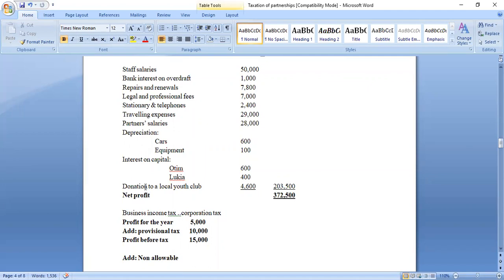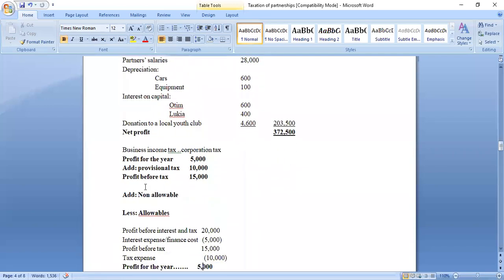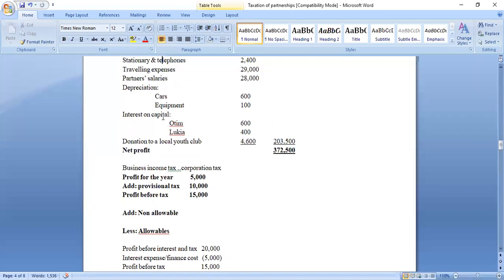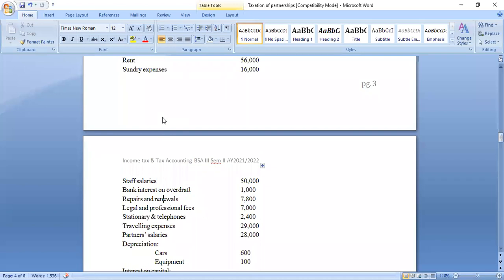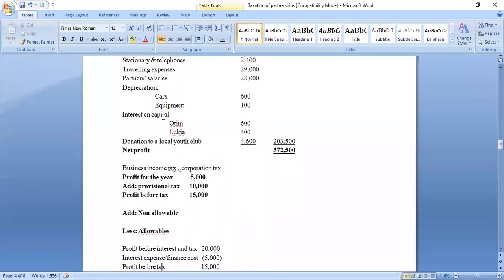These are not part of our business, because this is a partnership. So what we do, like I already told you, is begin with the net profit before tax. If there was anything like tax here, then you'd have to make adjustments. But since there's no tax expense, you just begin with this net profit here. So I'll just put the solution. Let me remove this that I put in the middle.